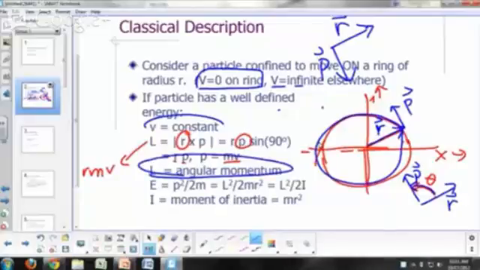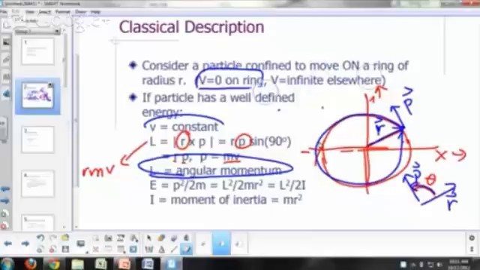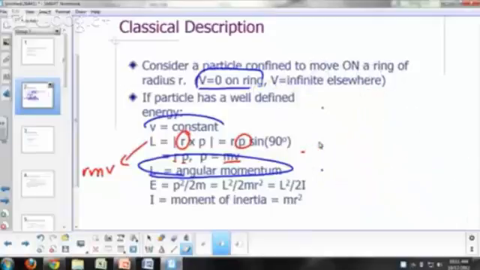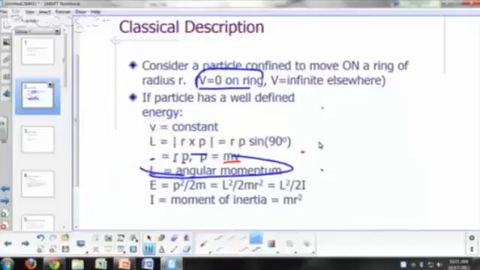Now, whenever you have a particle that's moving around in a circle at constant speed, it's going to have an angular momentum equal to m times v times r, right? So your angular momentum is mv times r. r is the radius of the circle of motion.